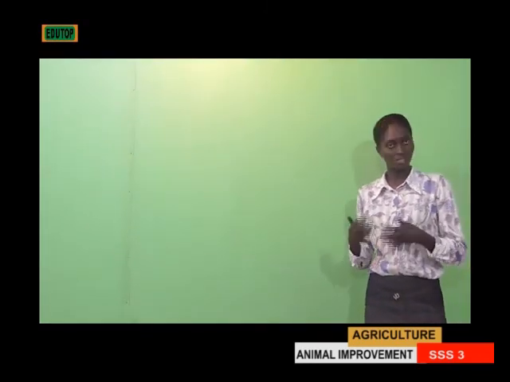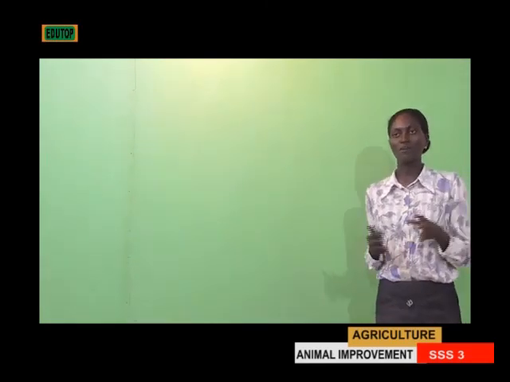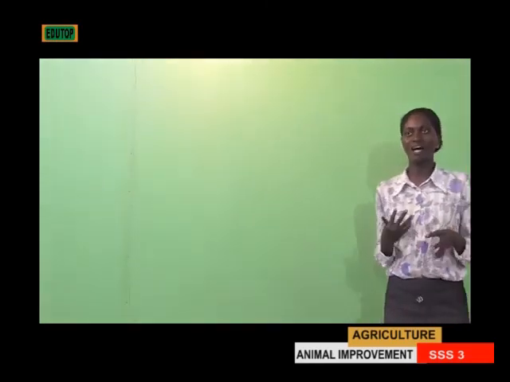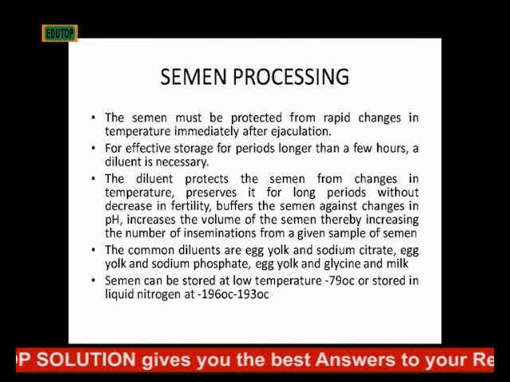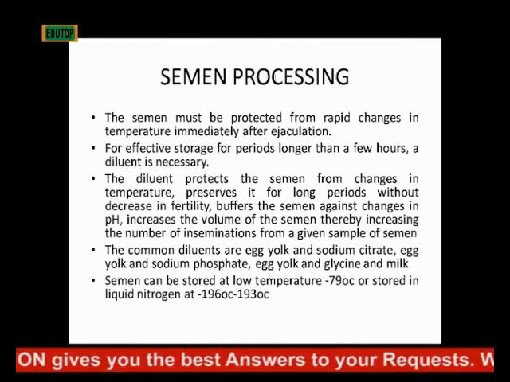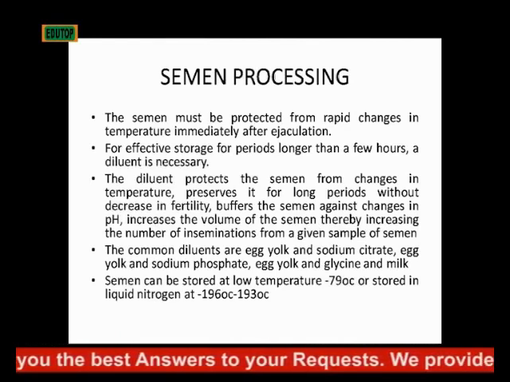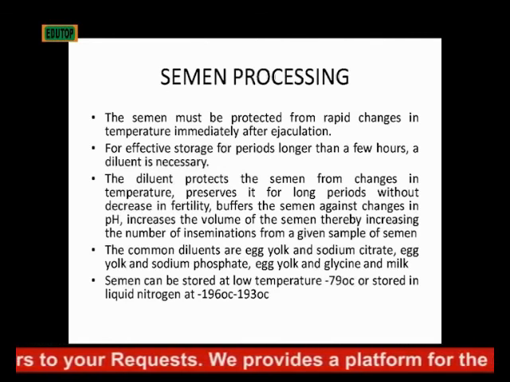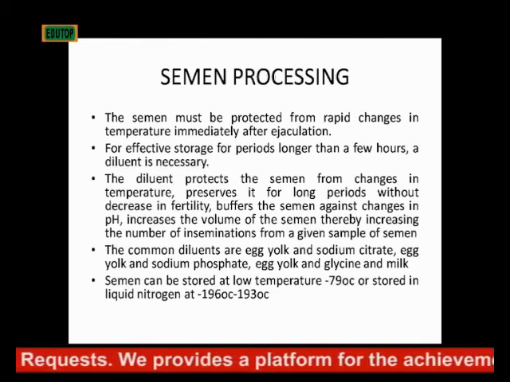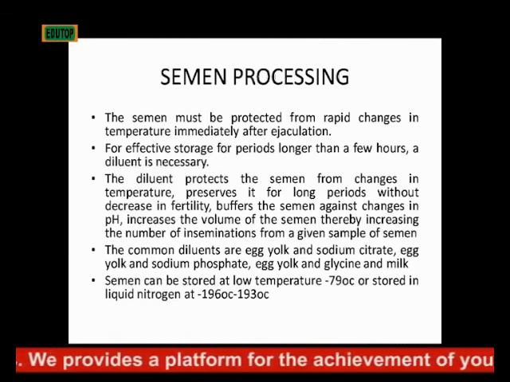For effective storage for periods longer than a few hours, a diluent is necessary. A diluent protects the semen from changes in temperature, and it preserves it for long periods without decreasing its fertility. It buffers the semen against changes in the hydrogen ion concentration, as in the pH. Then it increases the volume of the semen.